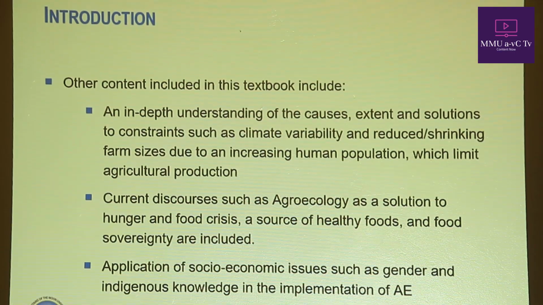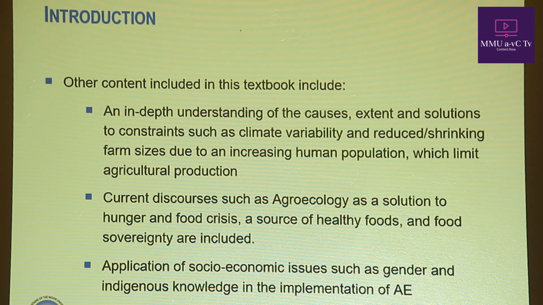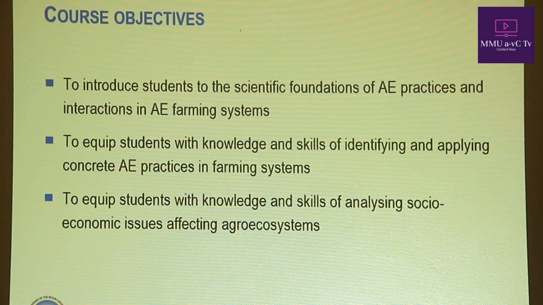We look at the food crisis, how to get healthy food, the debate on food sovereignty, and also the application of the socio-economic issues, including gender, indigenous knowledge, these being put in the forefront of implementing agroecology as a solution to the challenge of limited adoption of technologies that have been suggested, particularly to smallholder farmers.